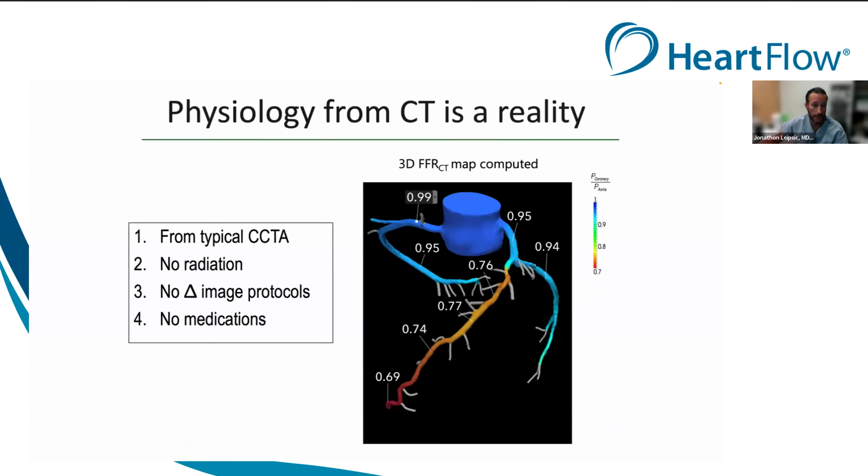So as I'm sure many of you know, at the SCCT, I believe in 2010, we were first exposed to the opportunities of integrating artificial intelligence and machine learning, as well as applying computational fluid dynamics to a resting CT to derive FFRCT without a change in protocol, without additional radiation, and without administration of adenosine.